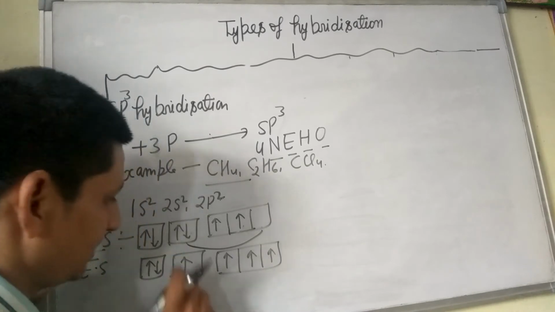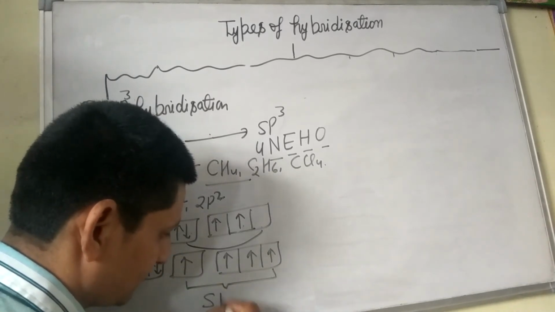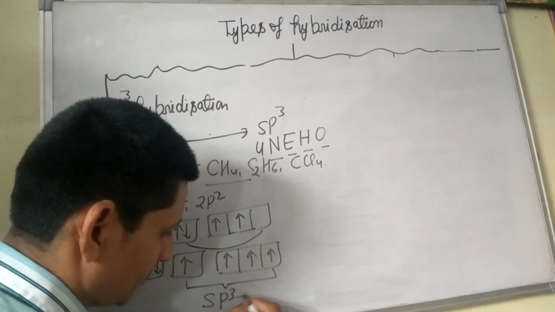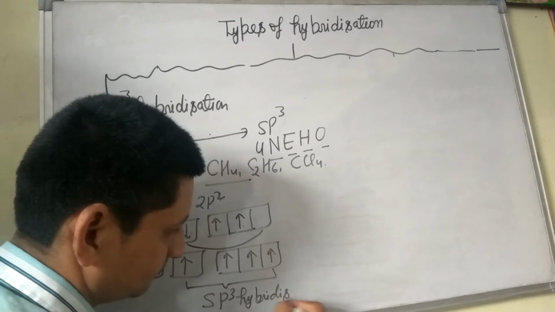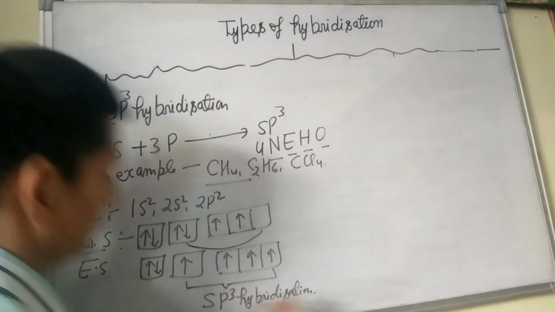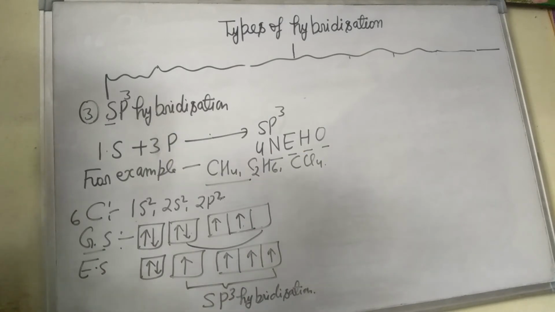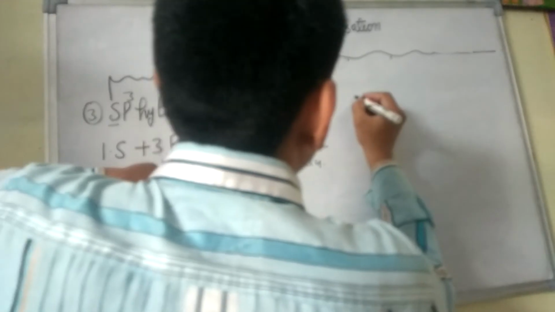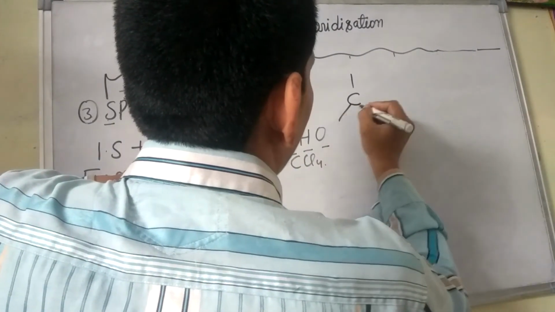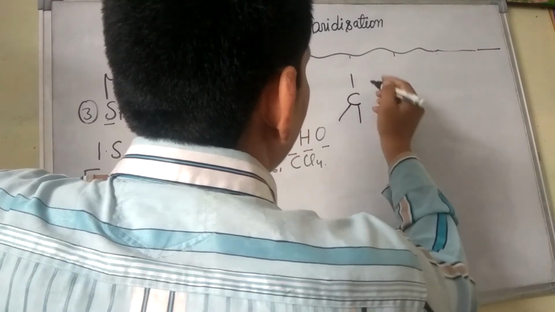So the hybridization is sp3. Now students, I am telling you important points about sp3 hybridization. First, the structure of the CH4 molecule. This is the structure of the methane molecule.